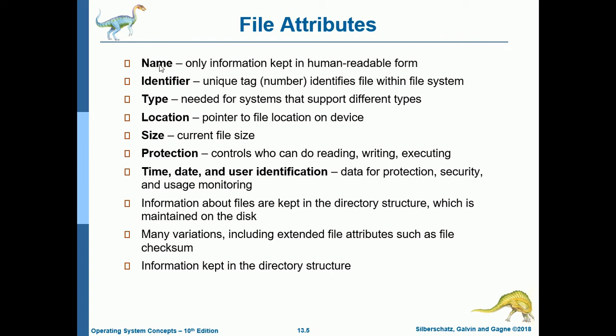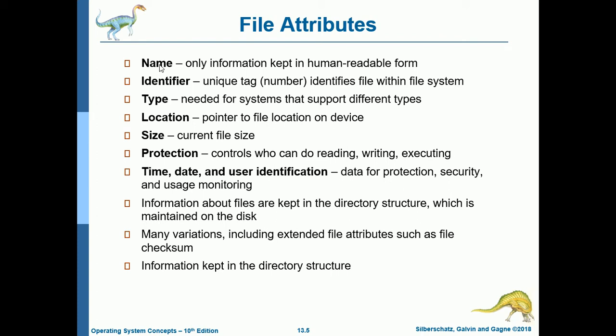And then next we have the type, needed for systems that support different types. For type, it can be identified by using the file name extension. If it is a docx, it's a word processor file. If it is, for example, a pptx, it is specifically a Microsoft PowerPoint slide presentation file.